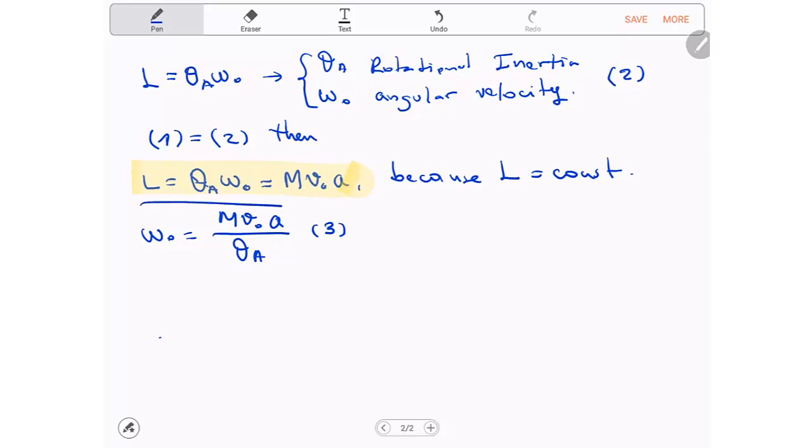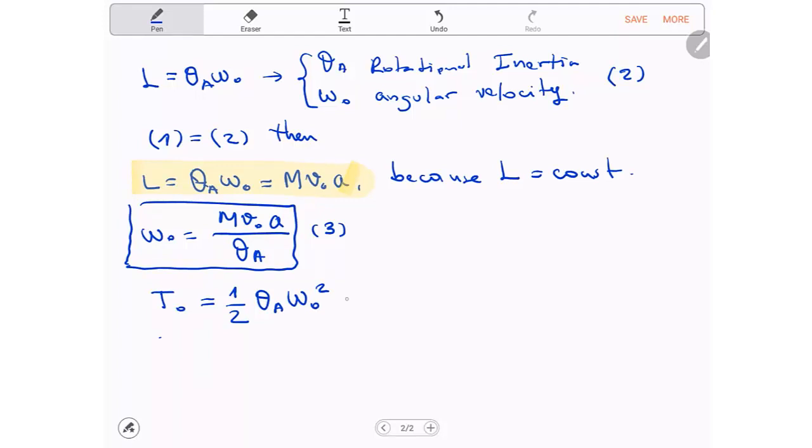So as the rotational motion happens right after the collision, we will have a kinetic energy defined by T0 equal 1/2 of the inertia multiplying angular velocity squared.